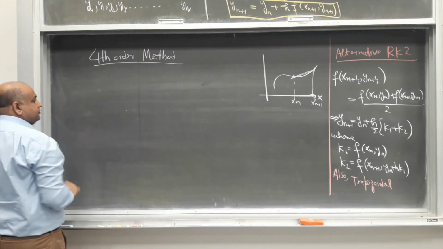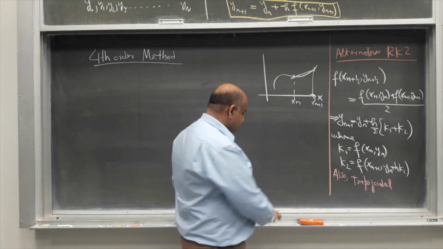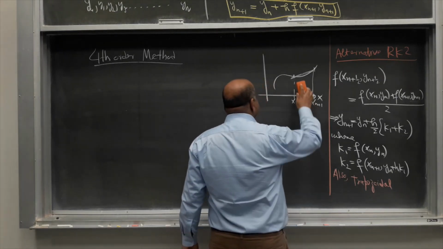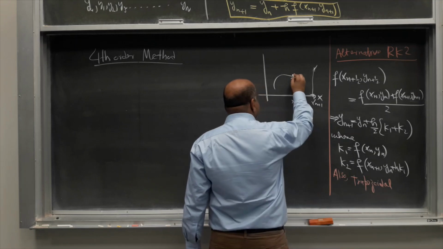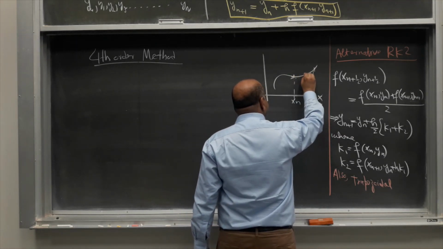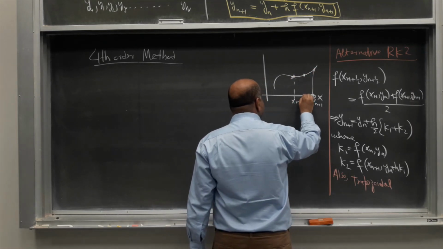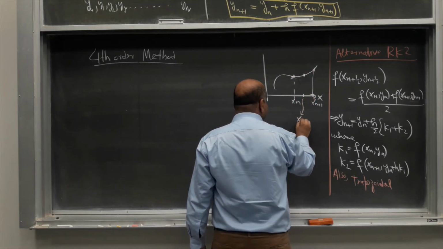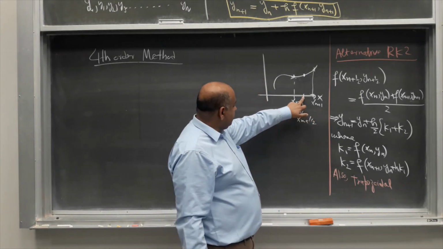Now let me use this graph here. So in the fourth order method, what we do is, instead of approximating the curve with a straight line, we approximate it using a second order polynomial, and for that we will need a central point xn plus half.